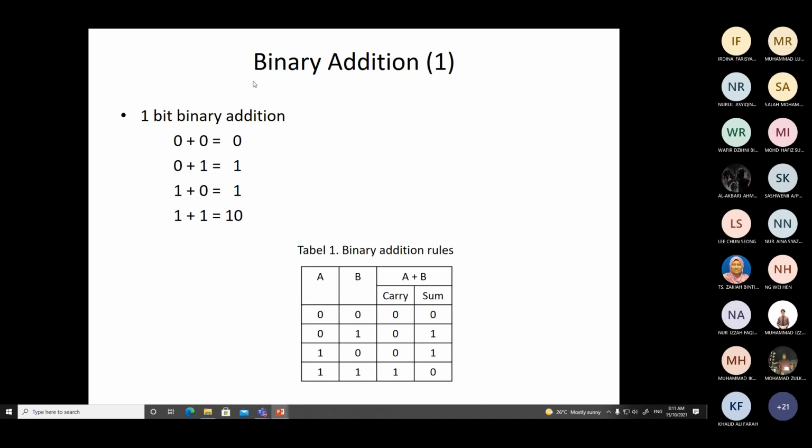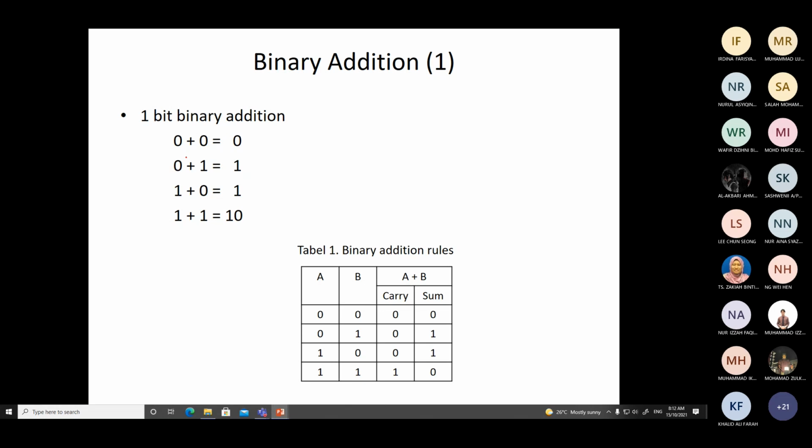Right, for binary addition, let me start with the pen pointer. So one bit binary addition is as follows. 0 plus 0 is 0, means literally you are adding, like the normal addition.